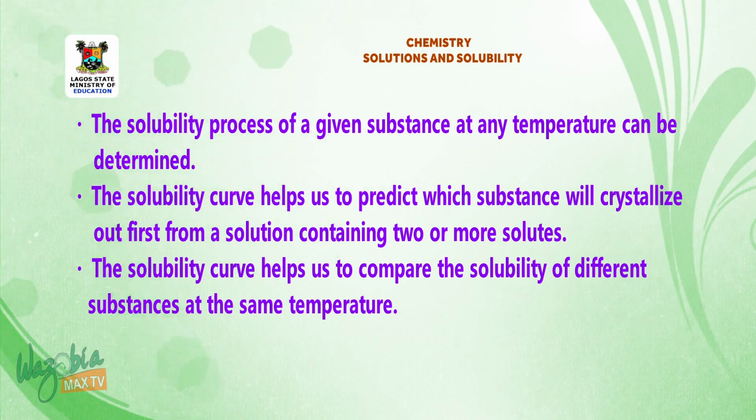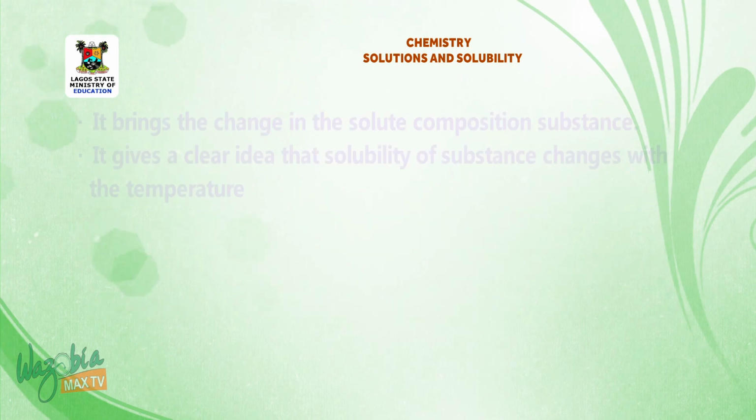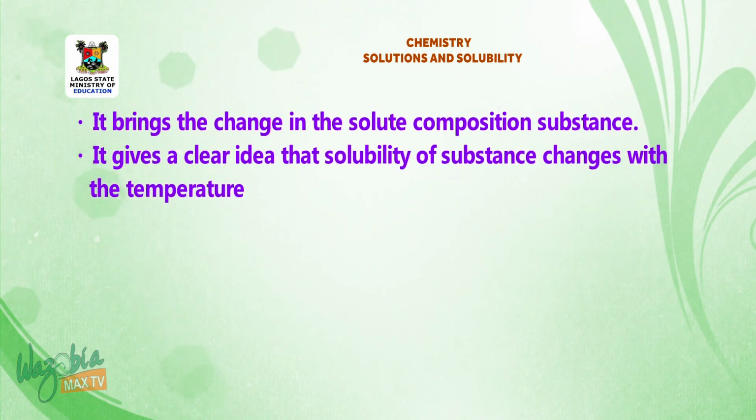Number four, solubility curves help us to compare the solubility of different substances at the same temperature. Number five, it shows the change in the solute composition. And lastly, it gives a clear idea that the solubility of a substance changes with temperature.